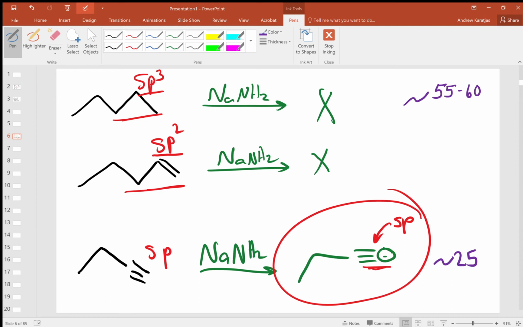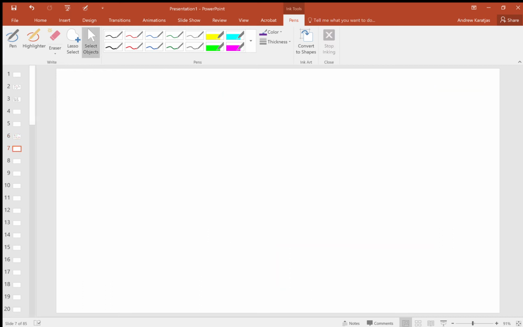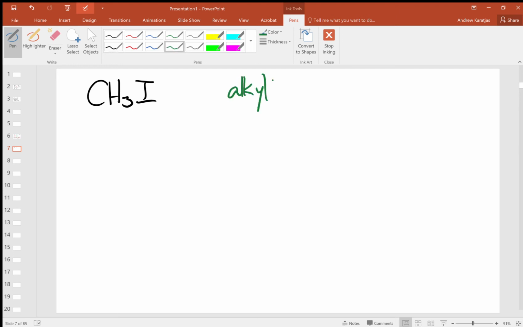The second piece to look at is the electrophile. And you'll notice in the first example I used, I had a very, very simple electrophile, methyl iodide. And basically, we are very limited with the electrophiles that we can use. So the alkyl halide for this reaction has to be primary and maybe secondary, but never tertiary.